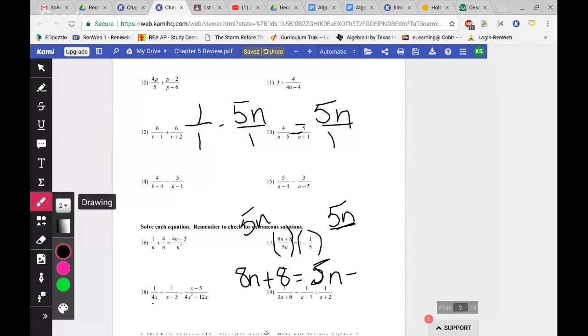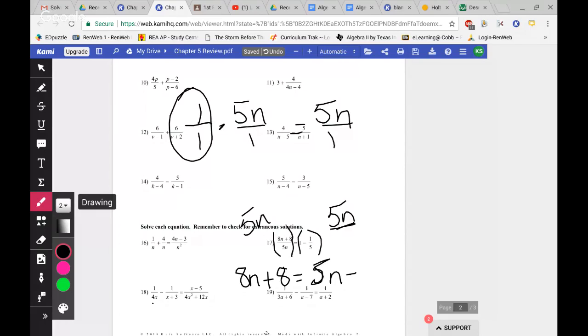Obviously we're working with fractions here. So what you're going to want to do with that 1 is turn it into a fraction. And 1 turned into a fraction looks like this. And we are multiplying both sides of this rational expression by 5n over 1, where this is actually being distributed to each piece of this whole equation.